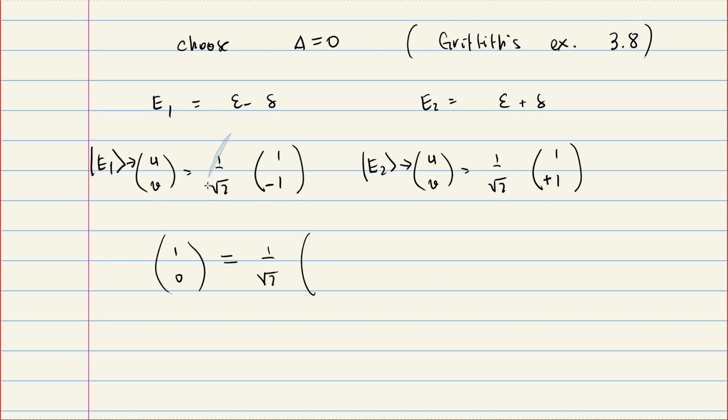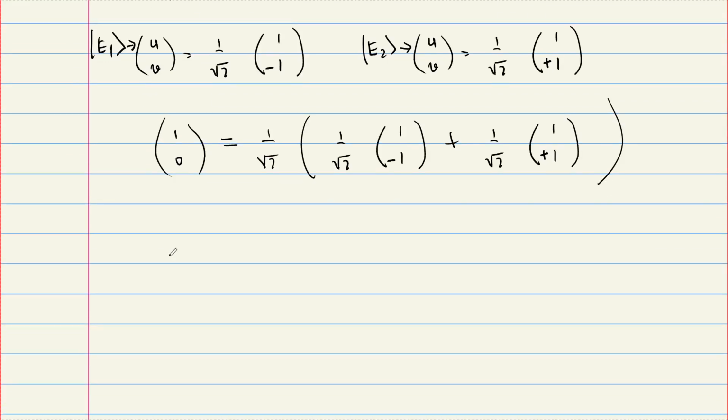Let me write this one plus this and see if it works. So this one plus this. So minus 1 plus 1 is 0. 1 plus 1 is 2. 2 divided by root 2 times root 2 is 1. So this works. And then, so this is psi 0 represented by this. Then psi of t.